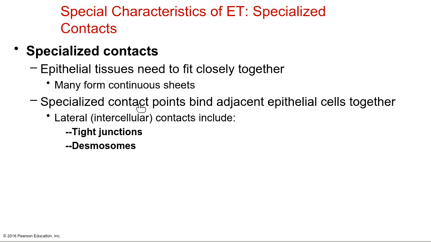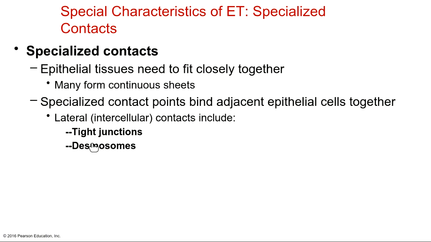And so we are going to mention the specific kinds or the names of these specialized contacts. Each epithelial cell has a lateral connection to another cell by way of these specific kinds of junctions or connectors. Tight junctions are a form of specialized contact that you can find between some epithelial cells.